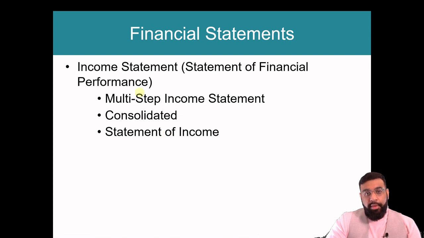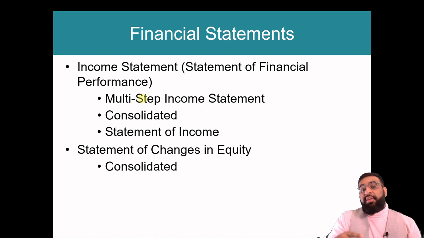Essentially, the multi-step income statement, consolidated, and the statement of income are just different words for the multi-step income statement, whereas a single step income statement just kind of pulls together all the revenues and the expenses, and then we get net income, whereas the multi-step income statement breaks it down to derive further information.